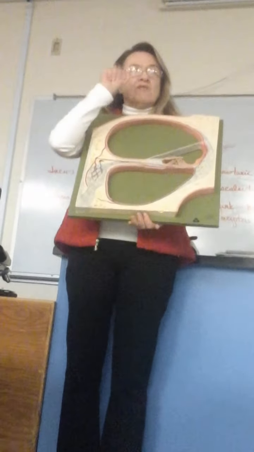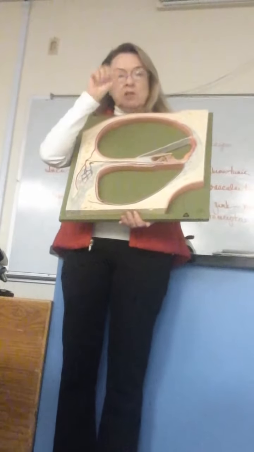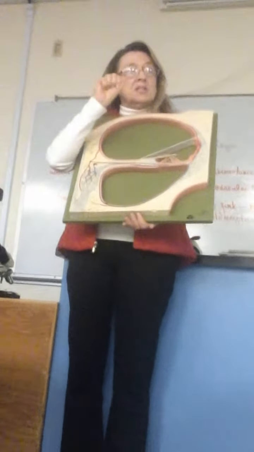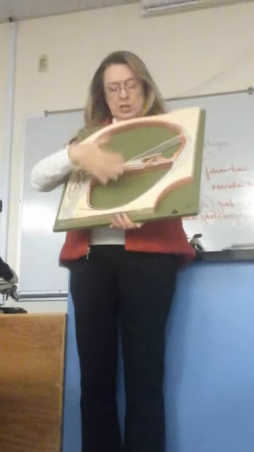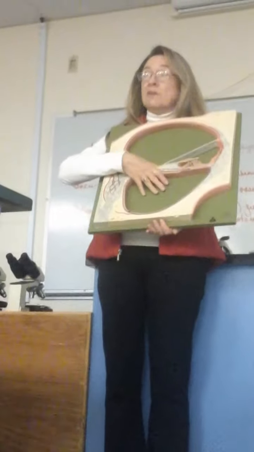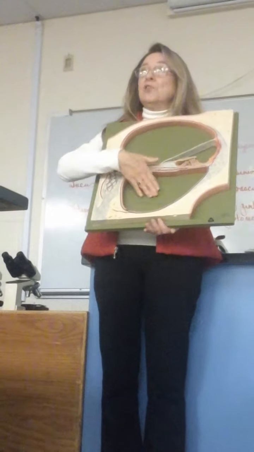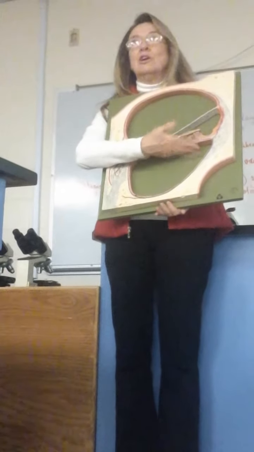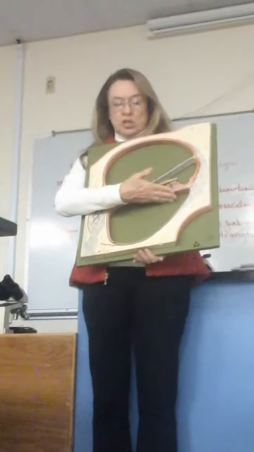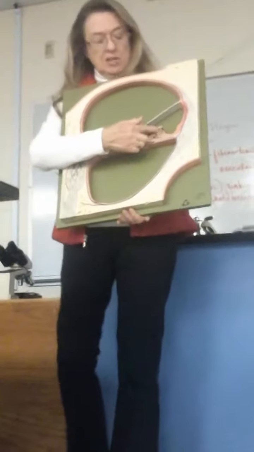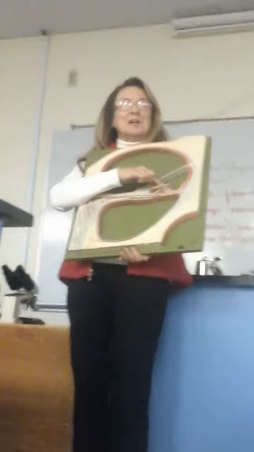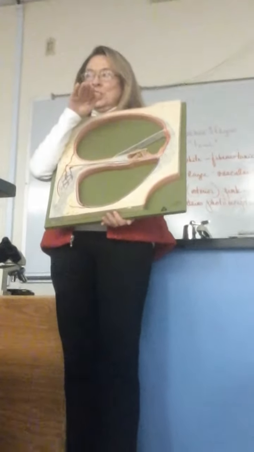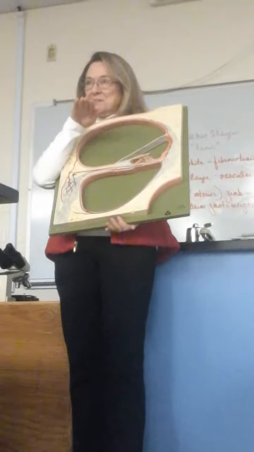If that stapes is vibrating on the membrane of the vestibule, does it make the fluid inside vibrate? And that fluid is continuous with the fluid in the cochlea. So if this fluid is vibrating, it's going to make this membrane move. It'll start moving, vibration. And if it moves, these hair cells might touch the tectorial membrane, and that would bend the little hairs. Does that make sense? Okay.